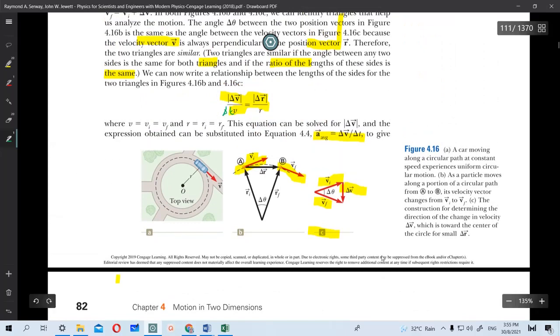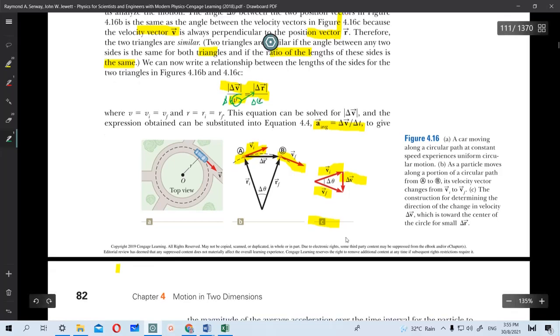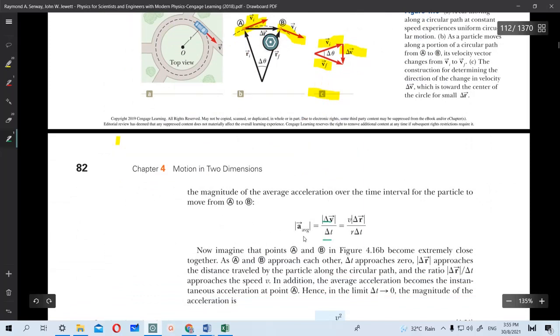Both are divided by delta t, and the v is transferred over here because we would like to see the concept of acceleration as delta v over delta t, and at the same time v times delta r over delta t. I'm going to highlight something: delta r over delta t, when delta t approaches 0, turns out to be v, approaching the speed v, the instantaneous speed at that location.